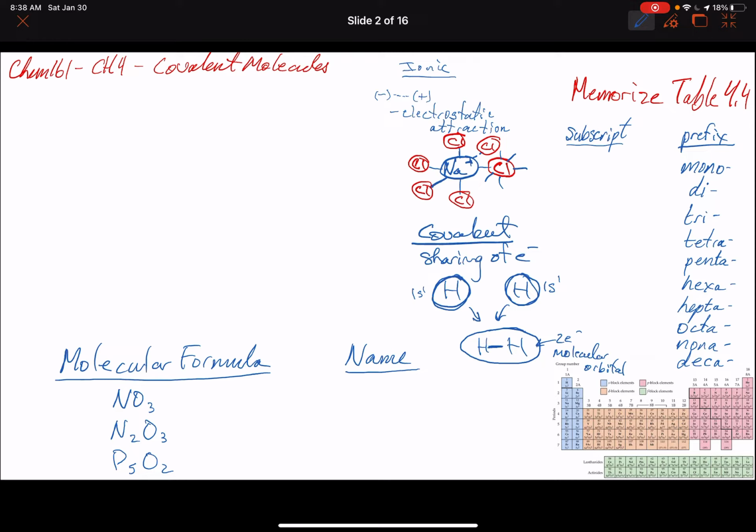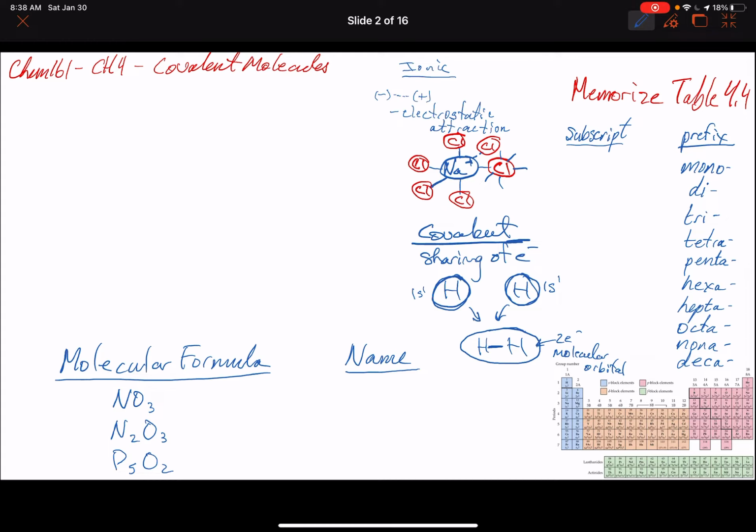So this is how we understand covalent bonding, and that idea applies for more complex structures than even just hydrogen, where we have multiple bonding and so on. But covalent bonds, sharing of electrons, is the key idea there. Ionic bonds, to contrast, are electrostatic attraction of discrete charges on ions.